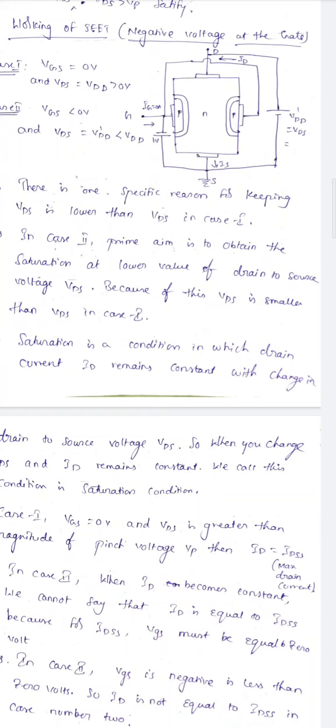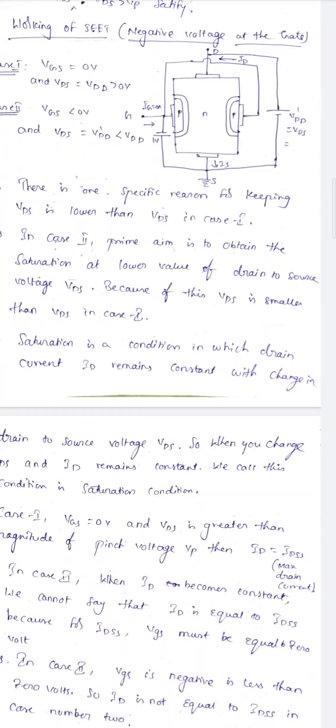So in case 2, our prime aim is to obtain the saturation at a lower value of the drain to source voltage VDS. I repeat, in case 2, our aim is to obtain saturation at lower values of the drain to source voltage VDS, because the VDS in case 2 is smaller than the VDS in case 1.